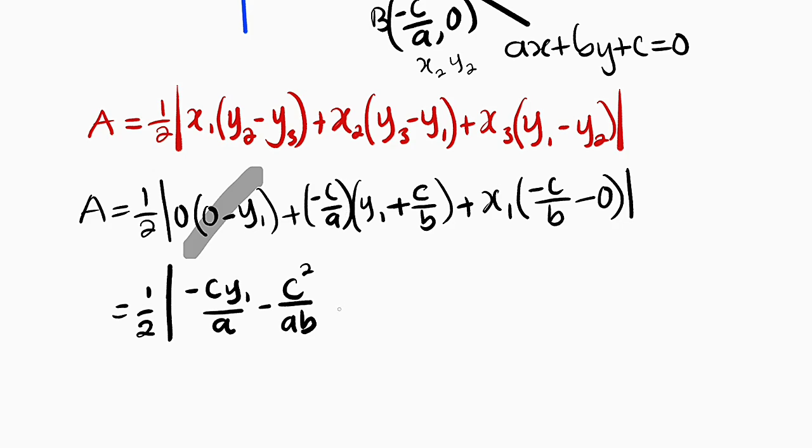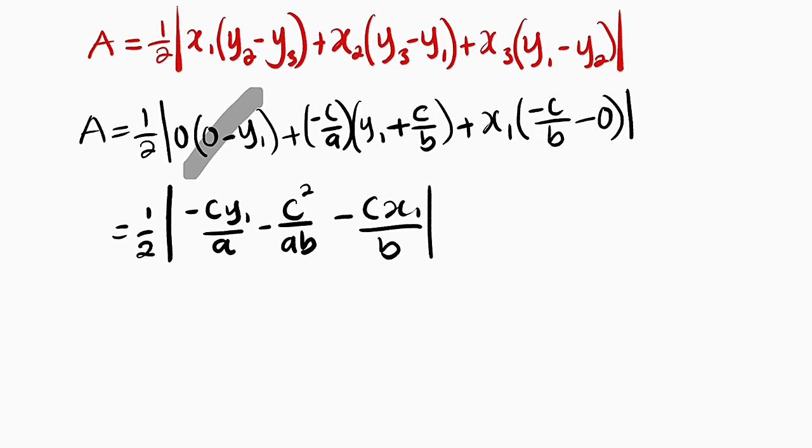Then we move to the next term, plus, or it is going to be minus, right? Because this time this is going to be minus cx1 divided by b, and this is 0, right?